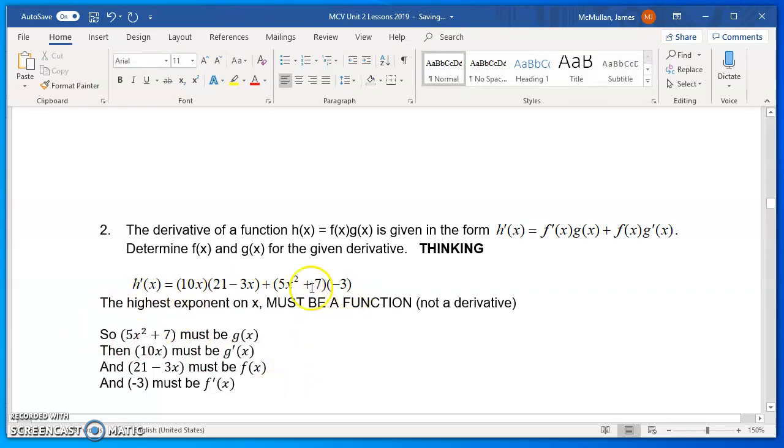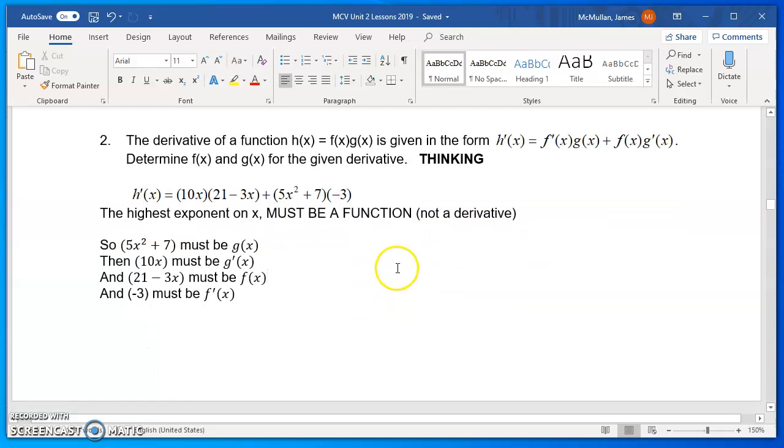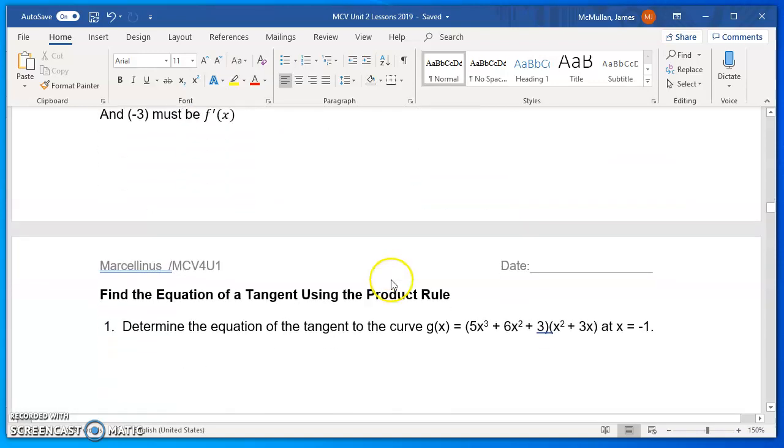Remember, I would look for the highest exponent, and of course that must be one of the original functions, and then from there it's just a chain reaction. You know what its derivative is, look for it. The other thing over here then must be an original function, and its derivative must be over there. Again, a nice question, not super difficult, but a good one to make sure that we do in fact know what we're doing.